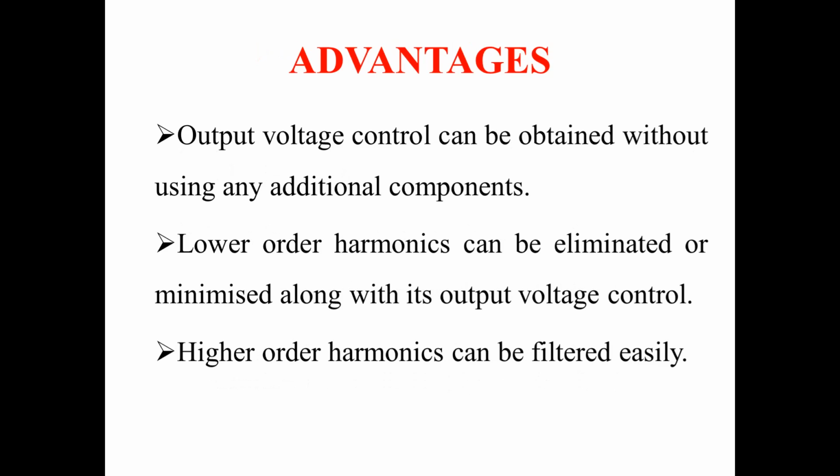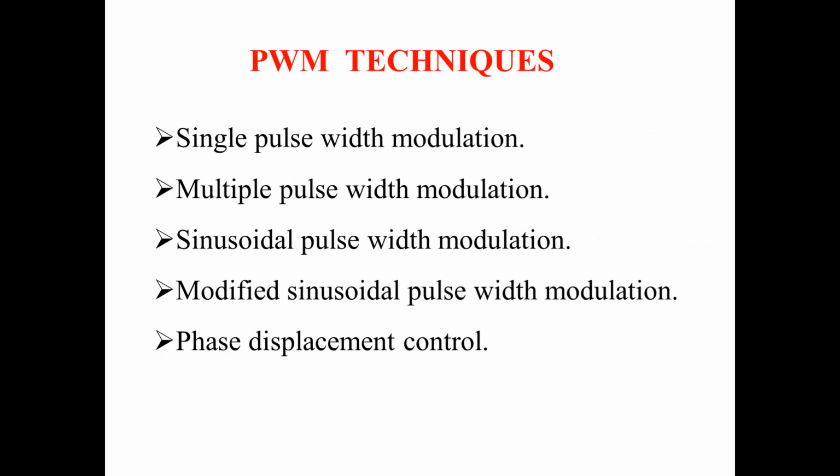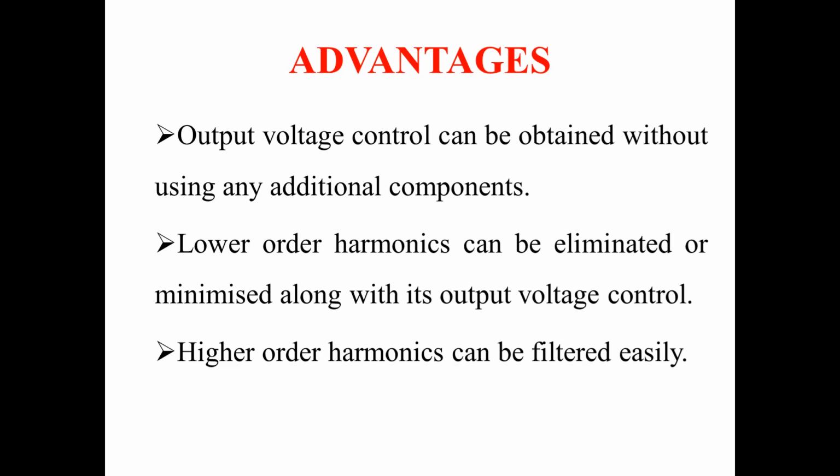Some advantages of PWM are that control is obtained without any additional components, lower order harmonics can be eliminated or minimized with output voltage control, and higher order harmonics can be filtered easily. There are also disadvantages in the PWM technique.